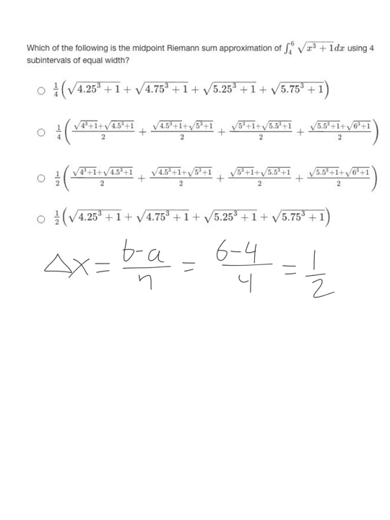So it's 1/2 that's the width of each of our rectangles, and we can factor that out. In this case, we do see they did factor out the widths, and it should be 1/2, not 1/4. So any of the ones with a 1/4 can be crossed out immediately.